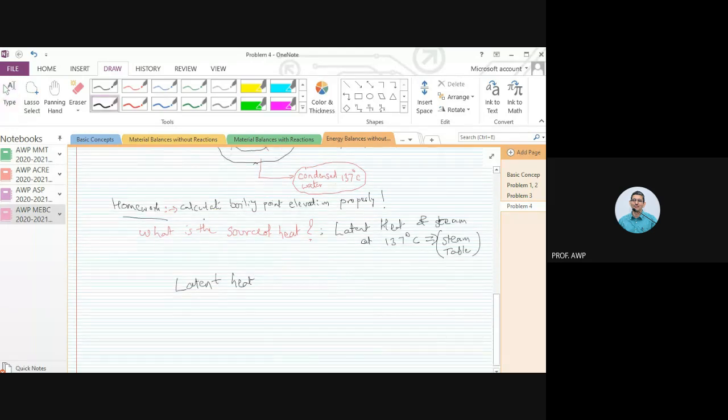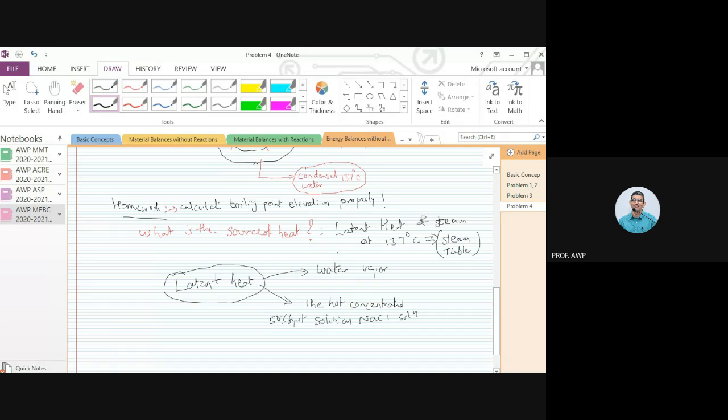Okay. So out of this latent heat, can we find out how much percentage of this latent heat is going in water vapor and how much of this latent heat is going in the hot concentrated 50% by weight NaCl solution, right?